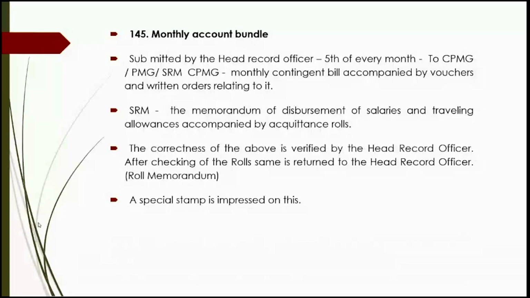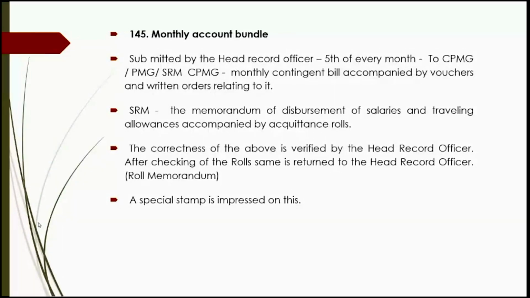Before submitting it, it should be prepared without any errors, and this correctness should be ensured by the head record officer. After checking everything, the superintendent will check it and then it will be returned to the head record officer. Which one? The memorandum of distribution.